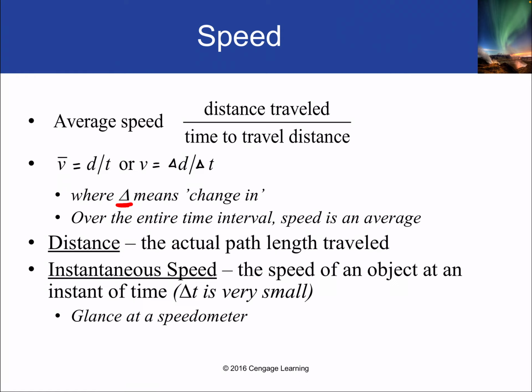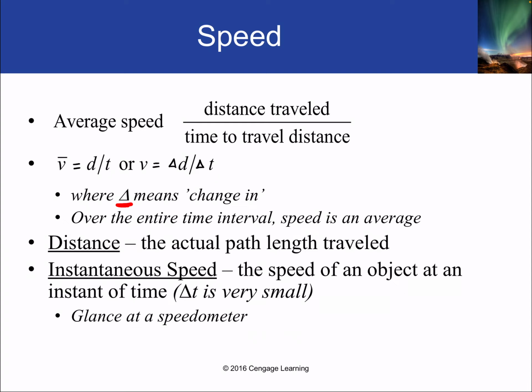Okay. Now sometimes we don't want to know the average speed. We just want to know the instantaneous speed. And that's going to be the speed of an object at an instant in time. So that delta t, that time interval, tends to be very small.